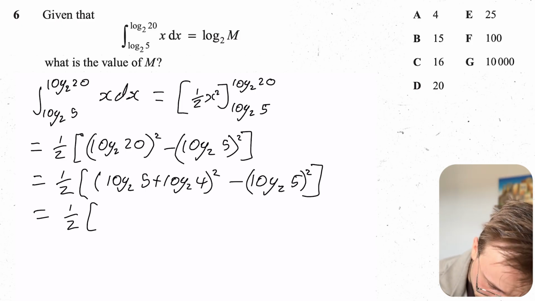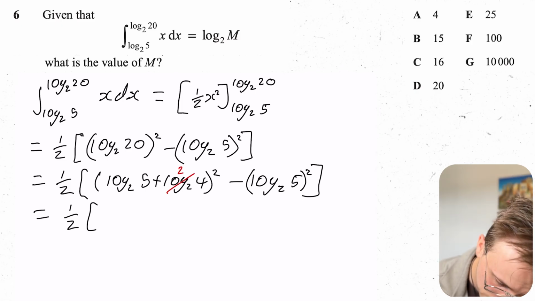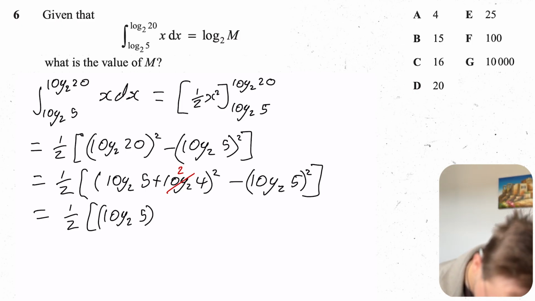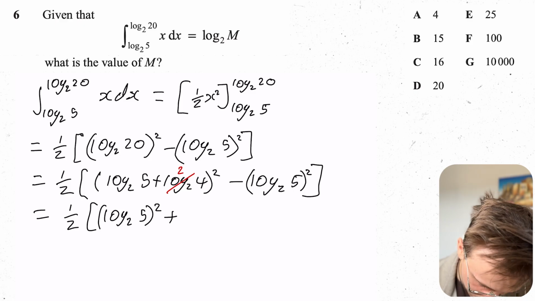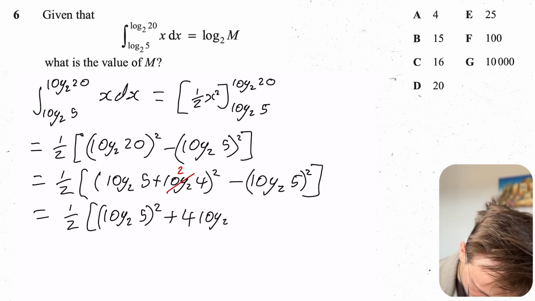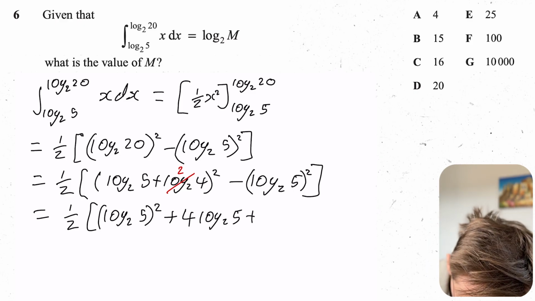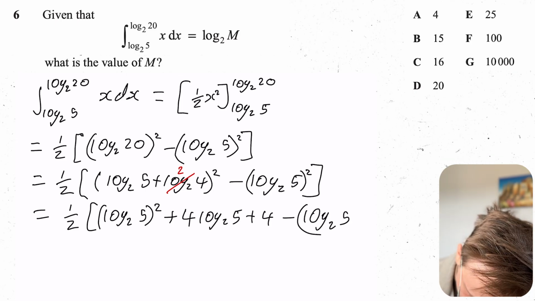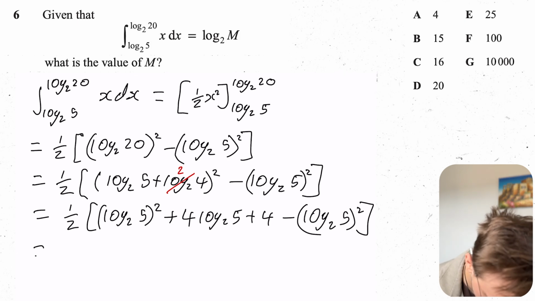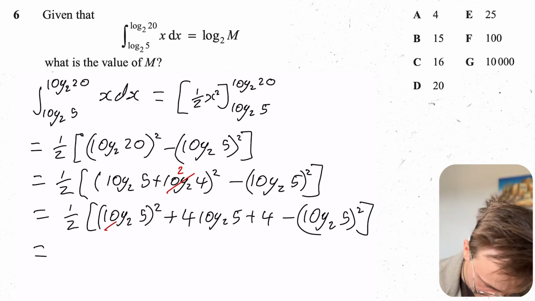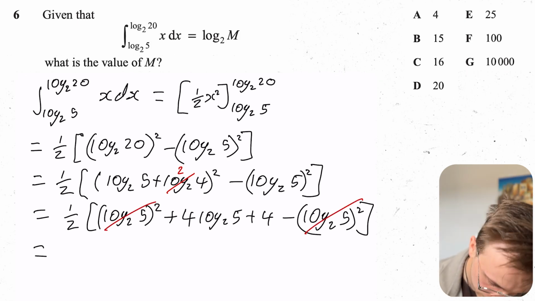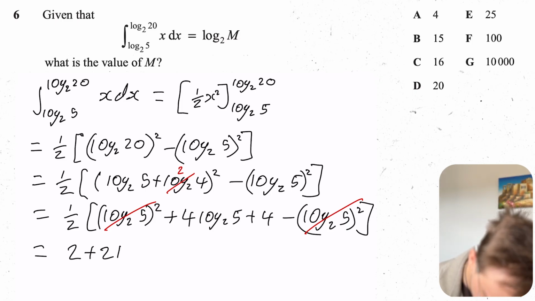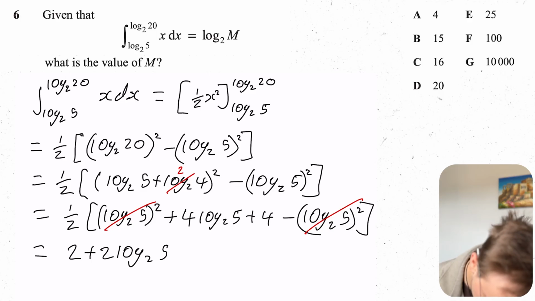Log 2 of 4 is just 2. So I've got (log 2 of 5) squared plus 4 log 2 of 5 plus 4 minus (log 2 of 5) squared, and those two now cancel. I'm left with 2 plus 2 log 2 of 5.